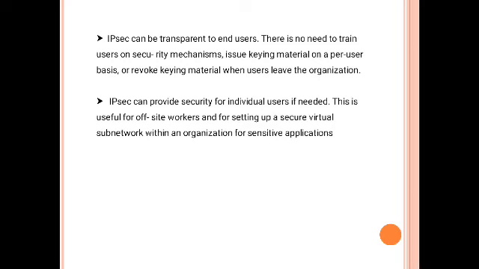There is no need to train users on security mechanisms, issue key material on a per-user basis, or revoke keying material when users leave the organization. IP security can provide security for individual users if needed. This is useful for off-site workers and for setting up a secure virtual subnetwork within an organization for sensitive applications.